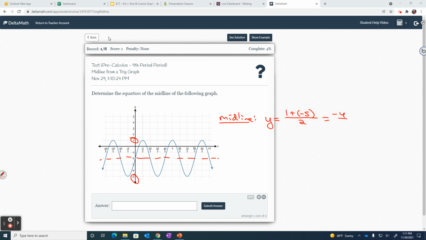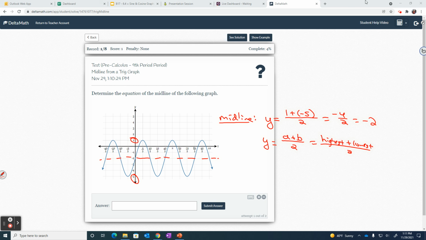It would be -4 over 2, which is -2. So as a formula for the midline, it's written like this: a plus b over 2, just the average of the highest plus the lowest. Another way to find the midline. But again, it's not difficult. These problems are pretty easy.